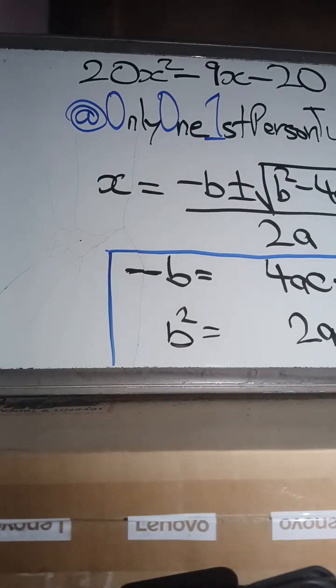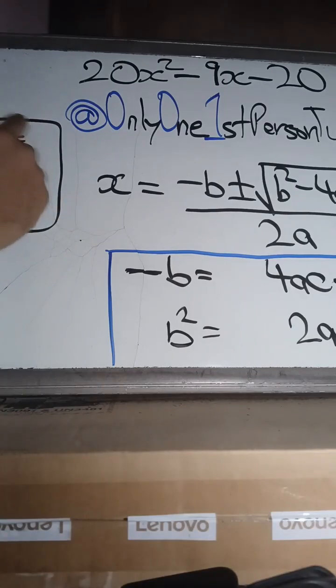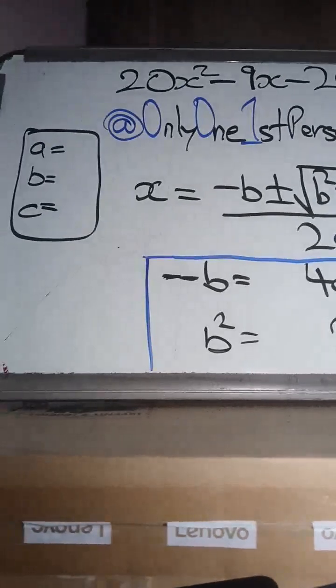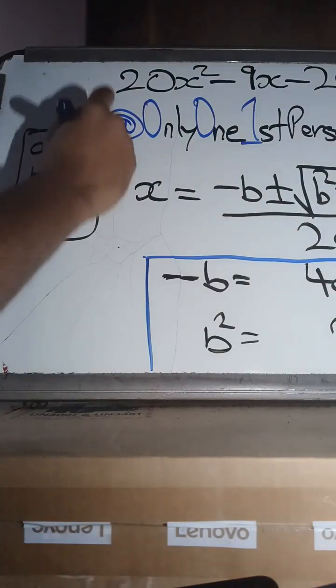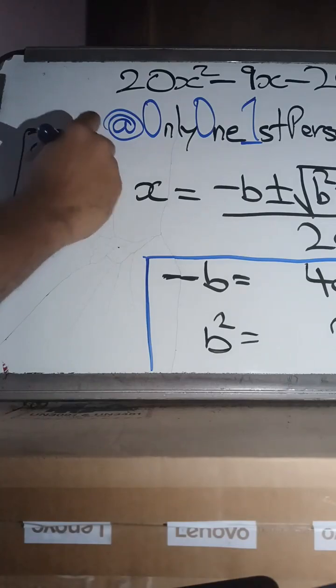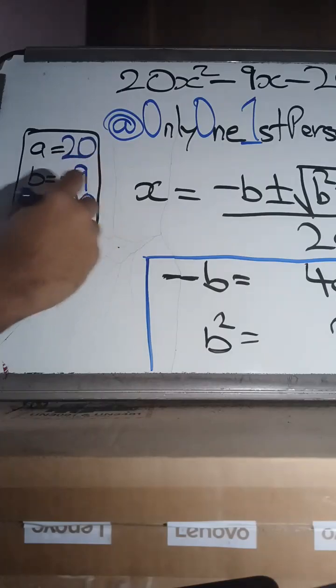So let me just write that. So we need A, we need B, and we need C. I thought I had enough space. There we go. That's what I wanted. Alright. So the A being 20, the B being minus 9, and the C being minus 20.